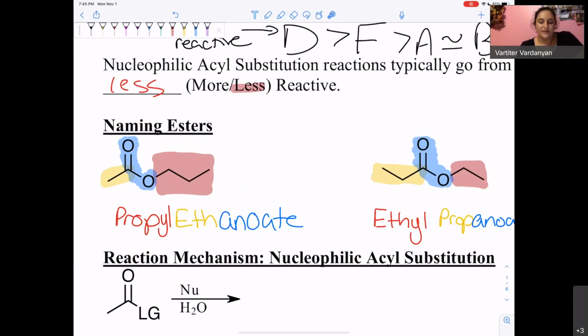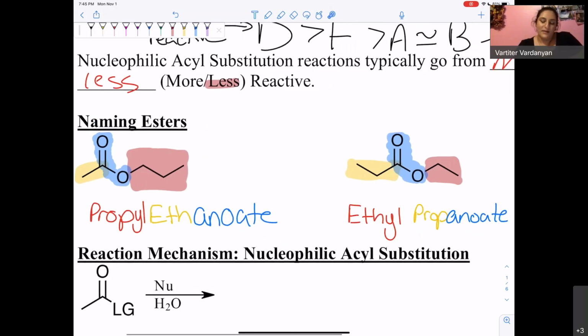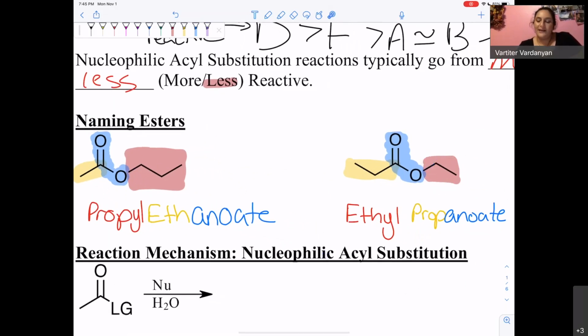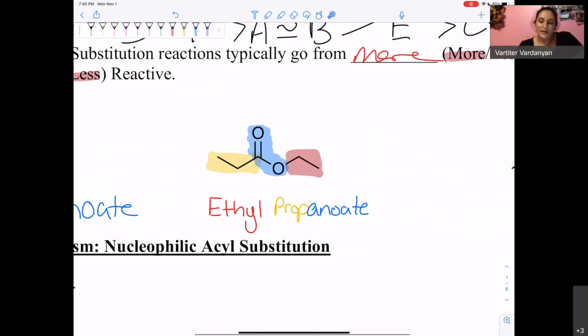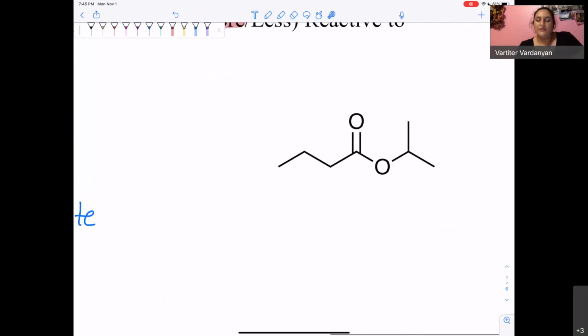And then the suffix. In this case, we have 1, 2, 3 carbons here, so it's a propyl, and 1, 2 carbons, ethanoate. This one is just the flip-flop, so it's ethyl propanoate. And I'm going to have you name this one for me.